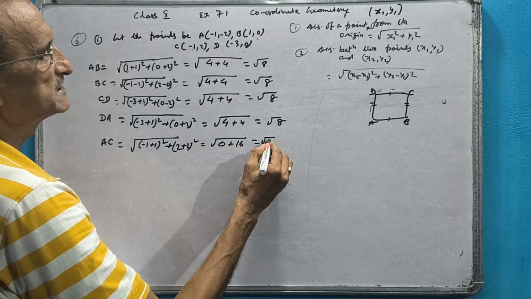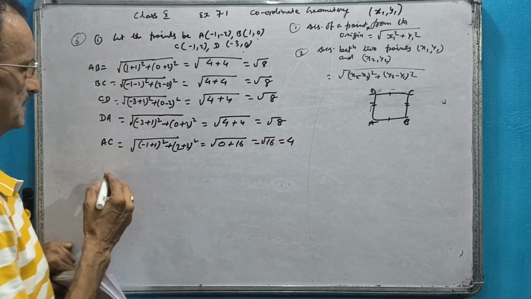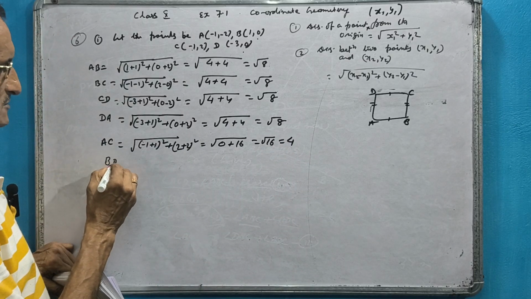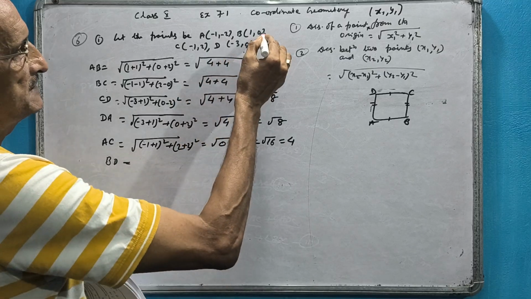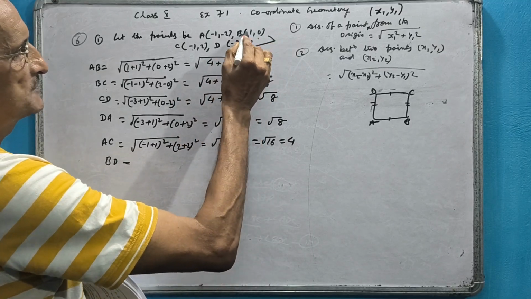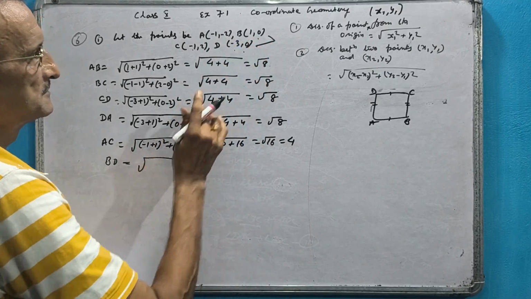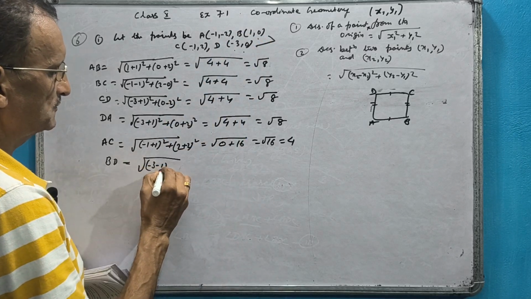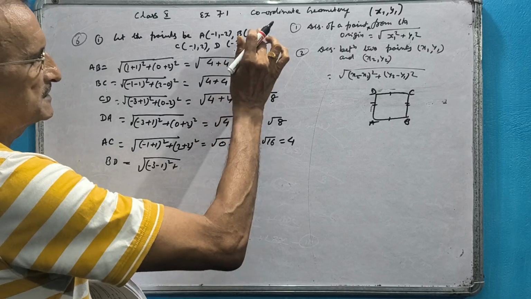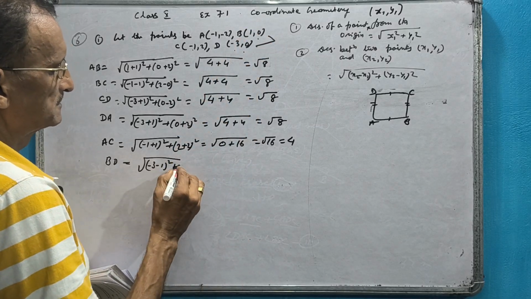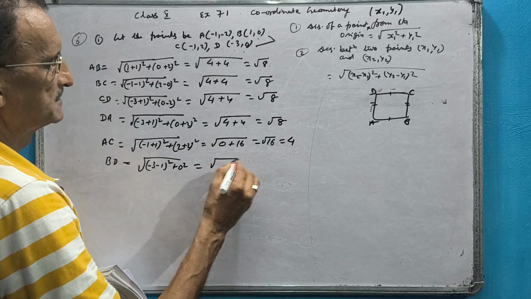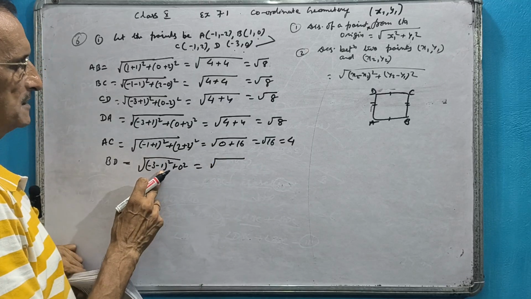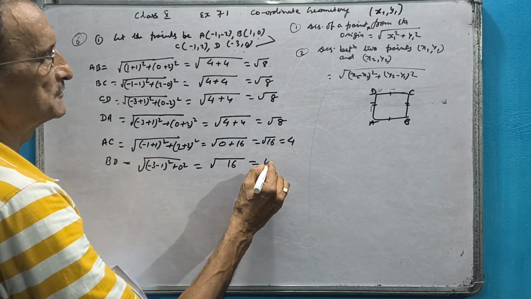We will get root 16, equal to 4. Find BD also. See these two points B and D. x2 minus x1: (-3 minus 1) whole square plus (0 minus 0) whole square, you can write 0 square. Minus 3 minus 1 is minus 4, whole square is 16, which gives 4.